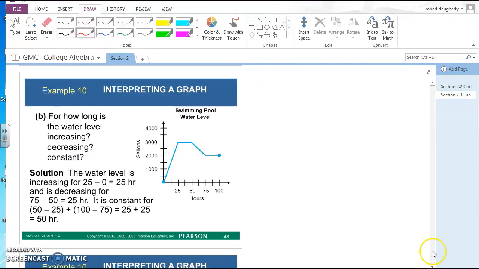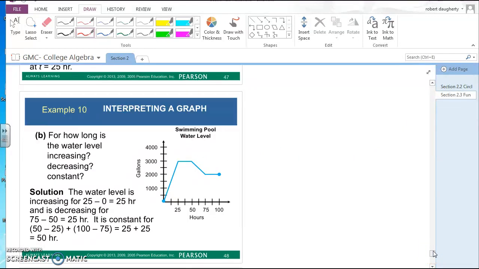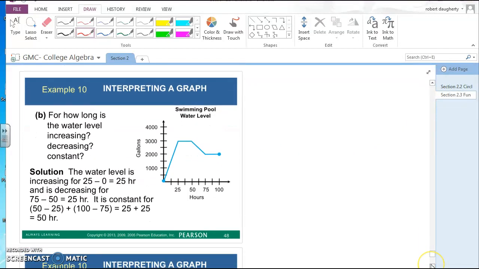And then another question, for how long is the water level increasing, decreasing, or constant? It looks like the water level increases for the first 25 hours, so from 0 to 25 hours. And then it remains constant from 25 to 50 hours.